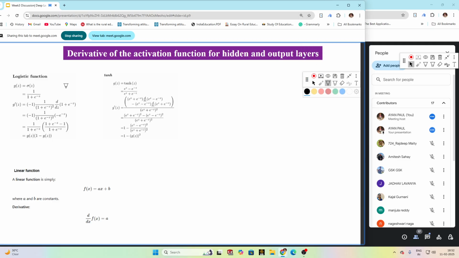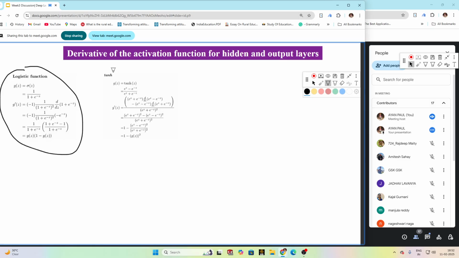For the hidden layer, there are two important functions that are used. One is the logistic function and another is the tanh function. If g of z is sigma of z, the logistic function, then g dash z is its derivative, and that will be g(z) times 1 minus g(z).